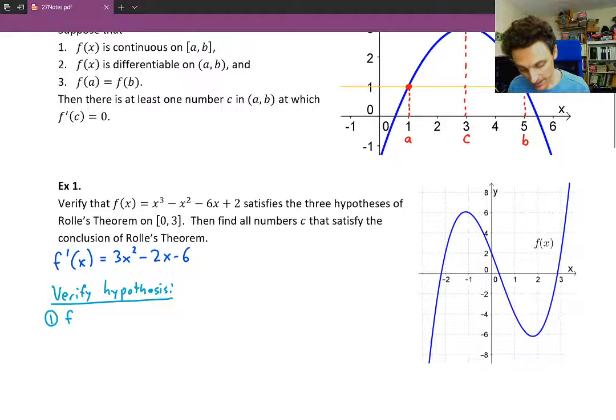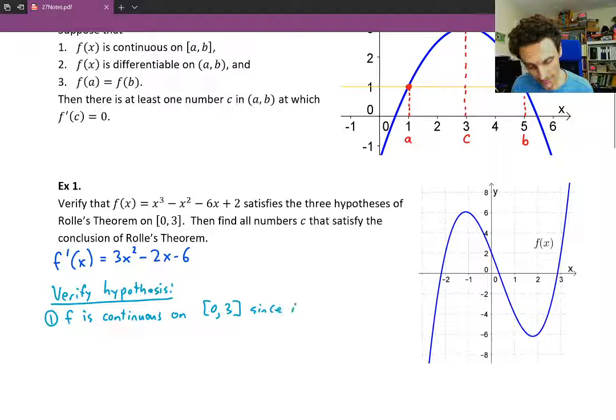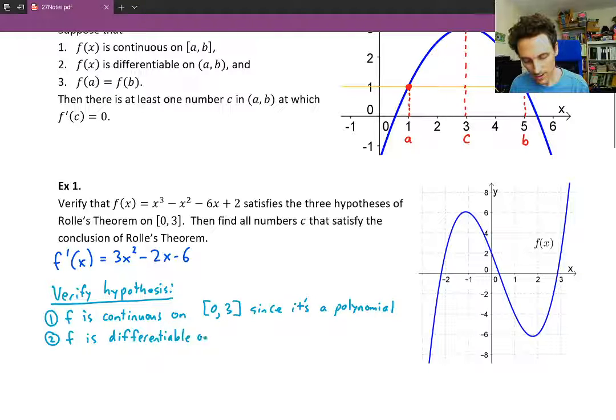So 1, we're going to say that f is continuous on the closed interval from 0 to 3, since f is a polynomial, and is continuous everywhere, including the interval from 0 to 3. 2, f is differentiable on the open interval from 0 to 3.